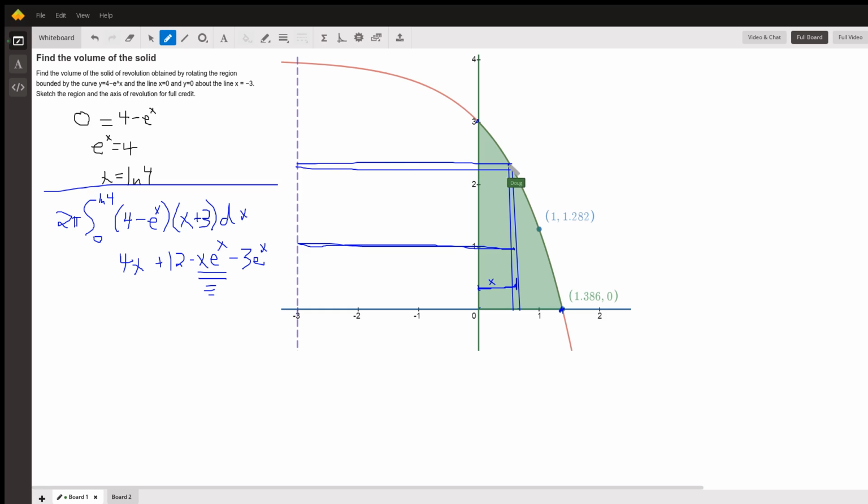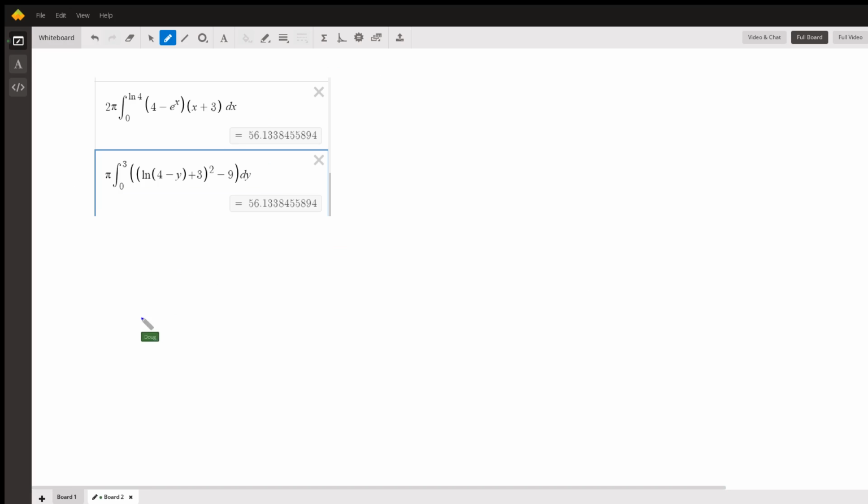Well, the outer radius would be the distance from -3 out to here. We have to solve this for x in terms of y. That's why it's a little bit harder. So I'm just going to go to the next board so you can see how I set up that integral. There it is.